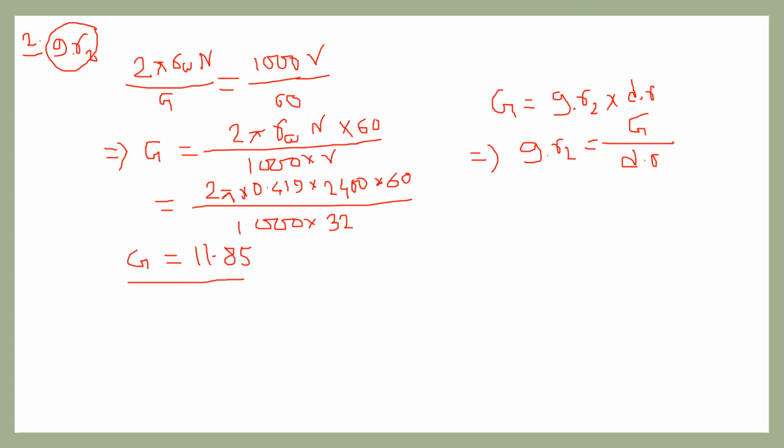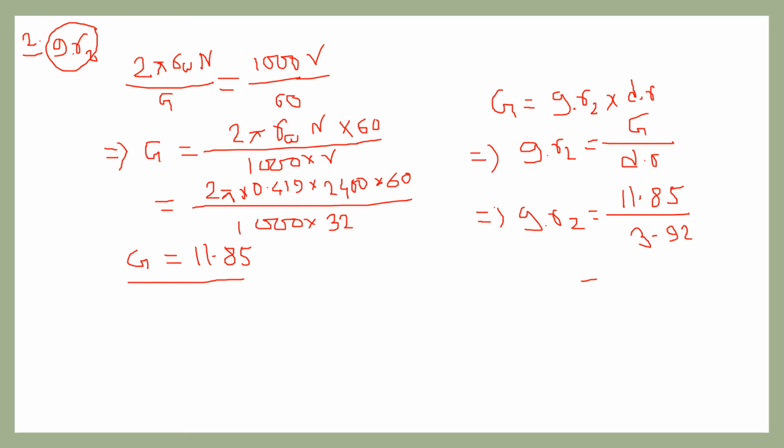Now put the values: G is 11.85 and the differential reduction is given as 3.92.